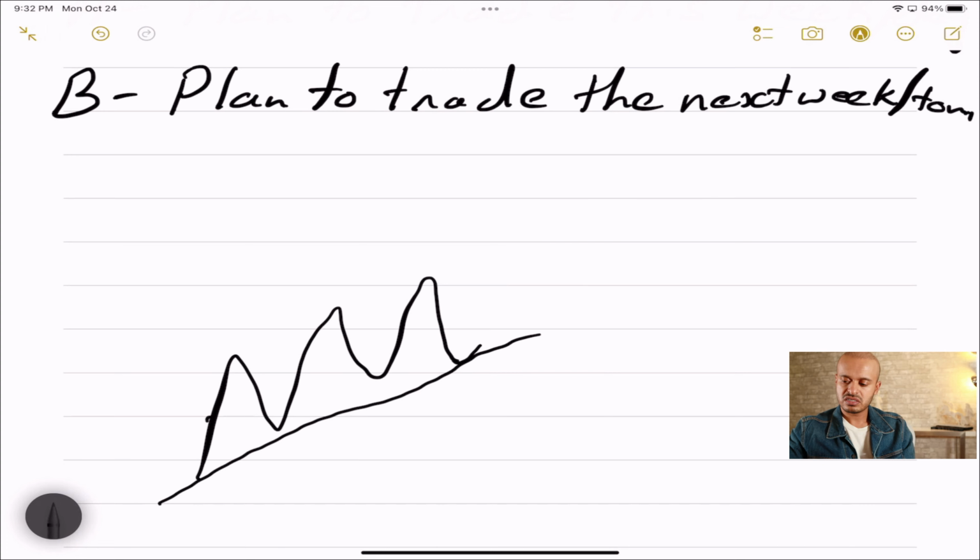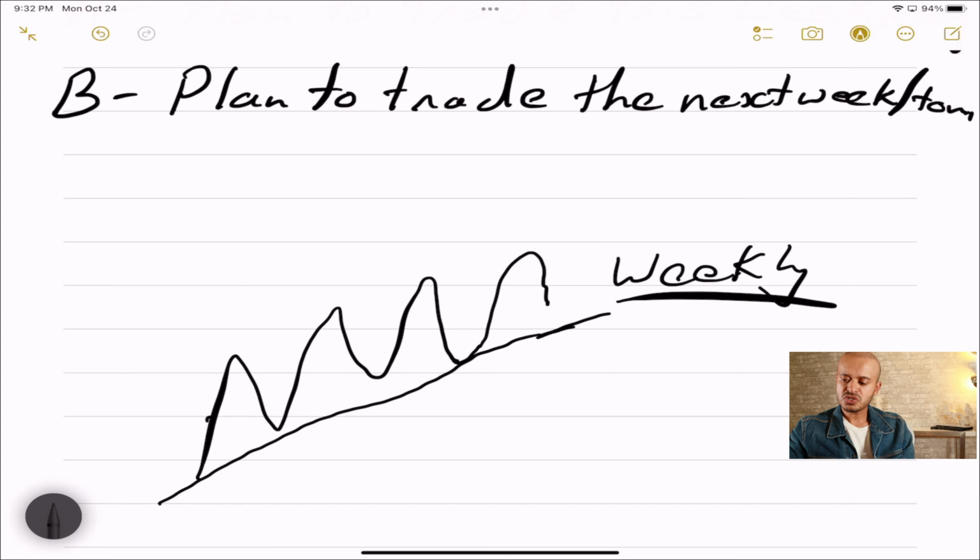The stock is not there yet, this is your buying area, and this is on the weekly time frame. So it'll take about a week before it actually gets here, and then goes up again. And this is your buy level.